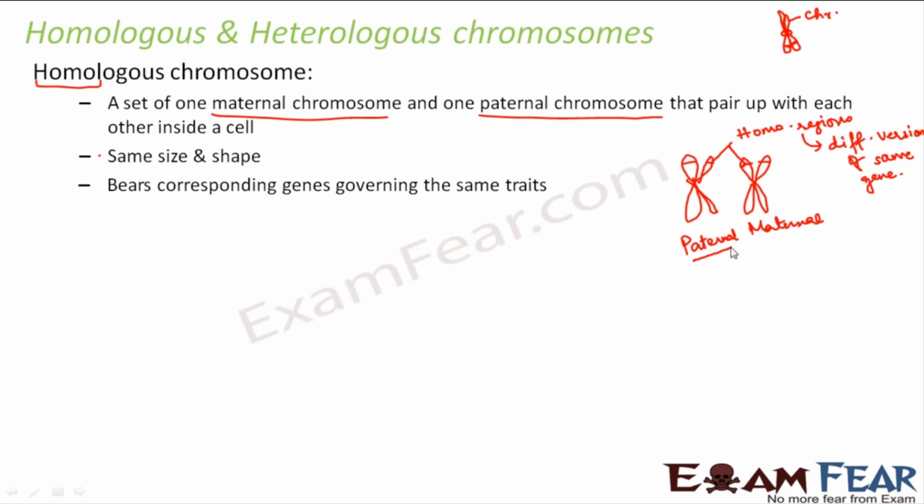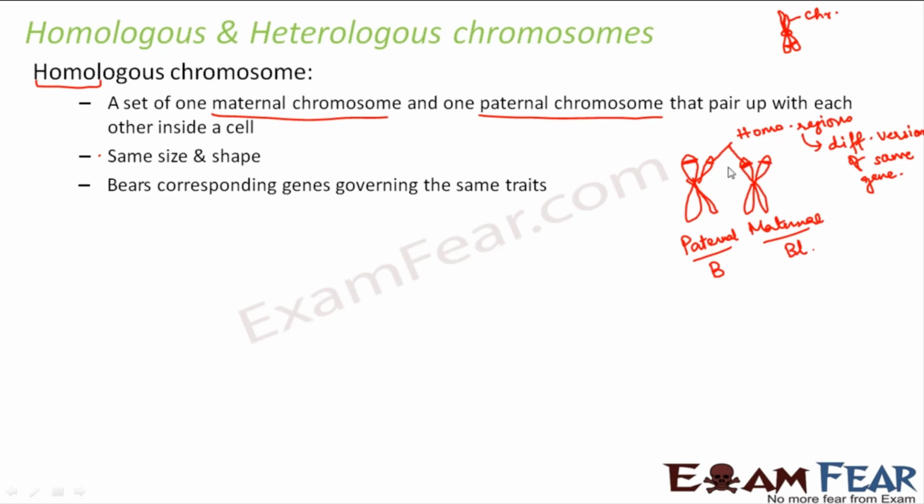Let us suppose the father's eye color is blue and the mother's eye color is black. If this gene corresponds to the trait of eye color, then both of these sister chromatids will represent the same color, which means the sister chromatids are exact replicas of each other. And the chromatids of the other chromosome will again represent their own color.